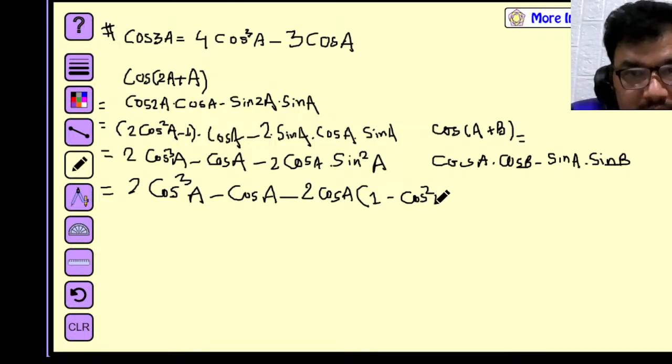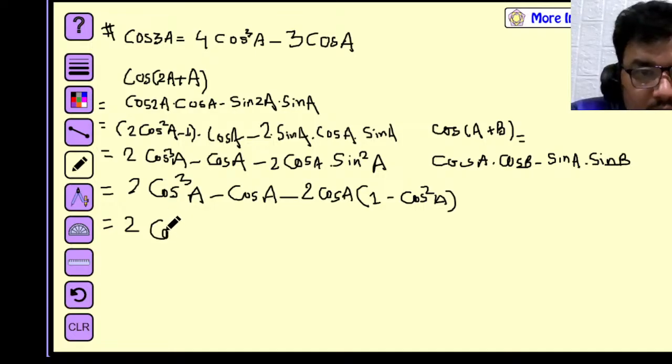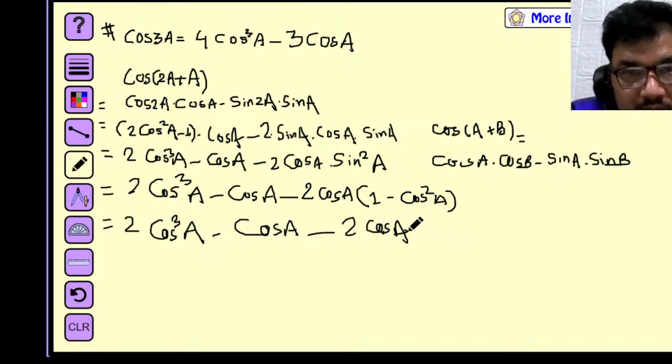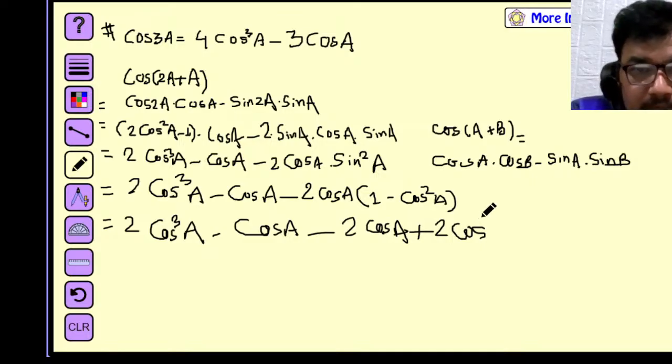Then 2 cos cube a minus cos a, minus 2 cos a into 1, 2 cos a only, then minus minus will be plus, 2 cos a into cos square a, that is 2 cos cube a.